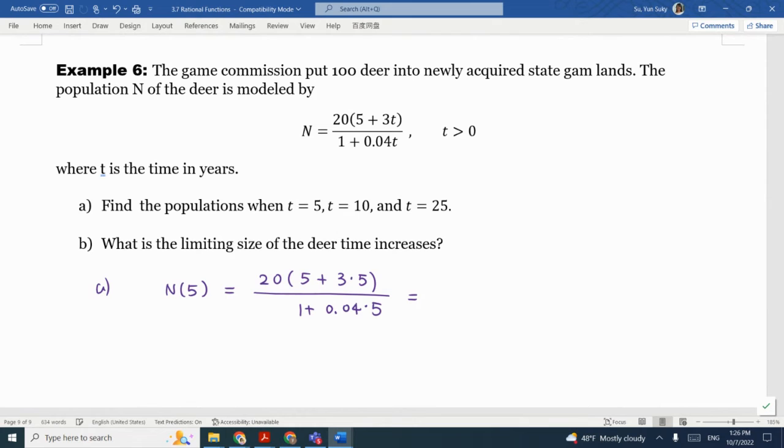Well, 3 times 5 is 15, plus 5 is 20, right? 20 times 20 is 400. And 0.04 times 5 is 0.2, and plus 1, 1.2. So you put this in your calculator, what do you get?